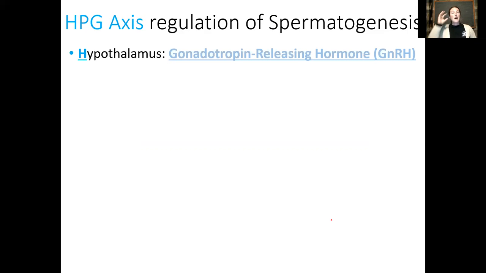Okay, so the HPG axis includes the hypothalamus. That's what kind of starts this whole process. It releases gonadotropin releasing hormone, or GnRH. And this really is a lot of alphabet soup. Welcome to the endocrine system, right? Perhaps you remember from earlier this semester that tropic hormones cause the release of hormones from another organ.